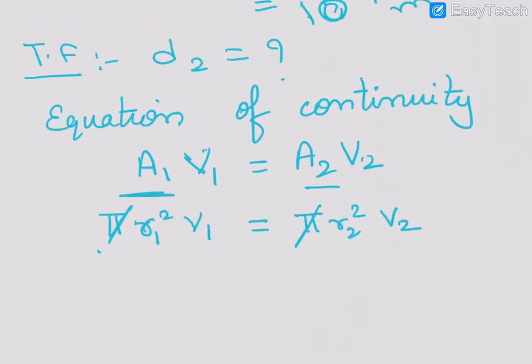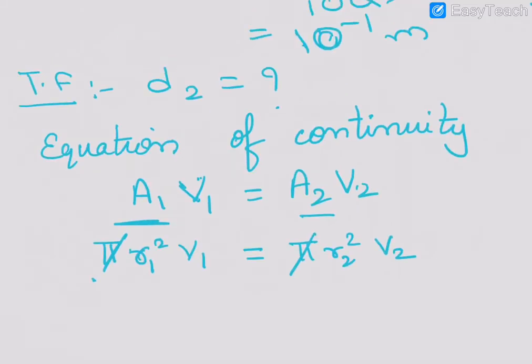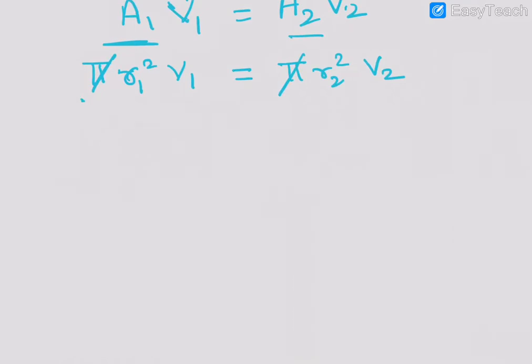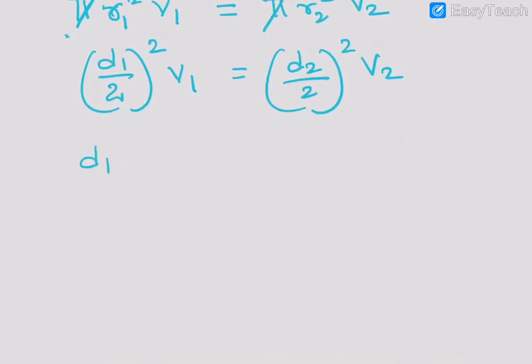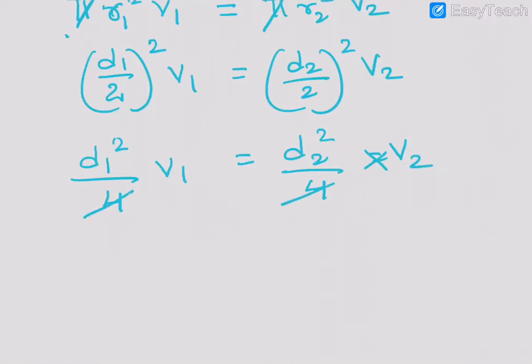R1: we are given the diameter, so from the diameter how do we get the radius? You will take D1 by 2 whole square, right? Here also you will take D2 by 2 whole square V2. Now this will become D1 square by 4 V1. This side will become D2 square by 4 V2. 4 cancels.